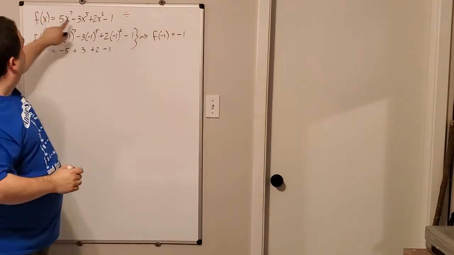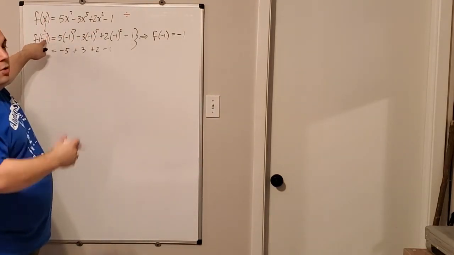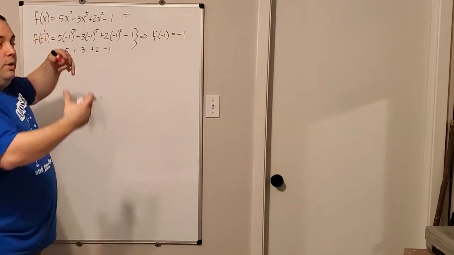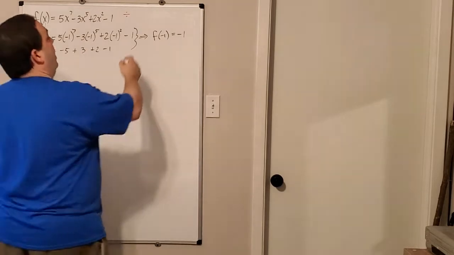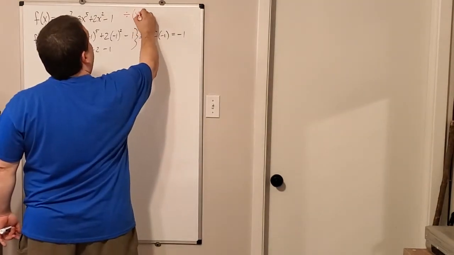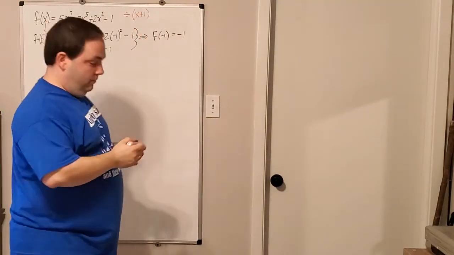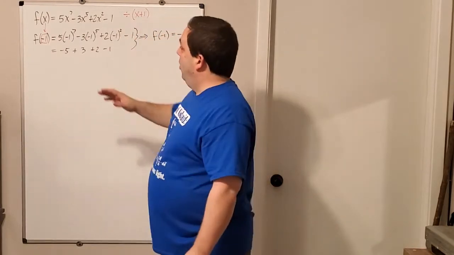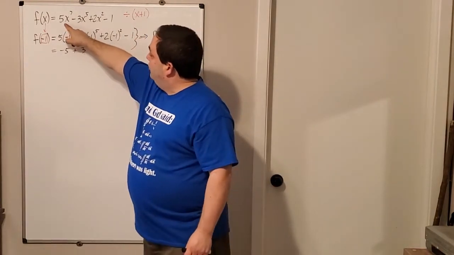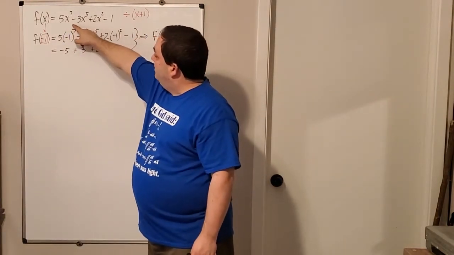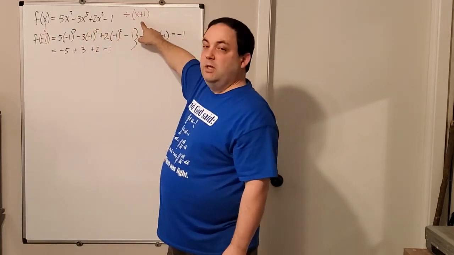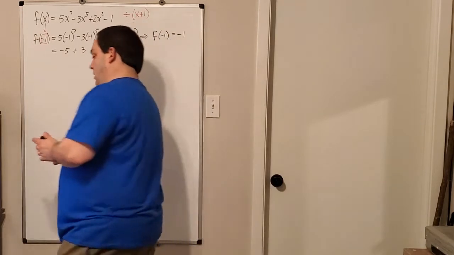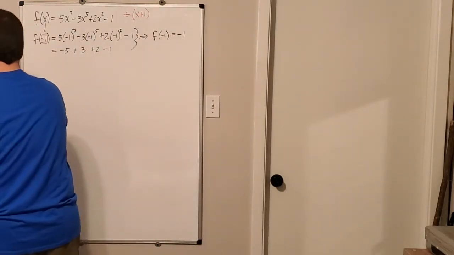I'm going to divide by the thing that makes that x value the box number. So remember, if I were to put -1 in the box, that means I was dividing by x plus 1, right? Okay, so I'm going to do this division right here: 5x to the 7 minus 3x to the 5th plus 2x squared minus 1 divided by x plus 1. Okay, so let's do that division for a moment.